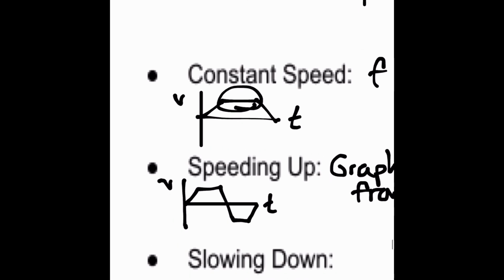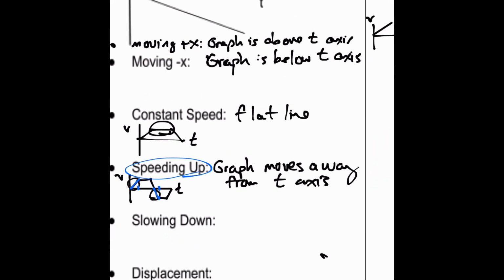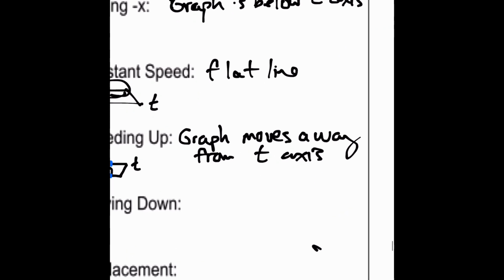But you can also see you're moving away from the t-axis right here too, because we're going away from the t-axis to get to that time, and then away from the t-axis to get to that time. So whenever you move away from the t-axis, you're going to speed up. Slowing down is just the opposite. The graph moves toward the t-axis.